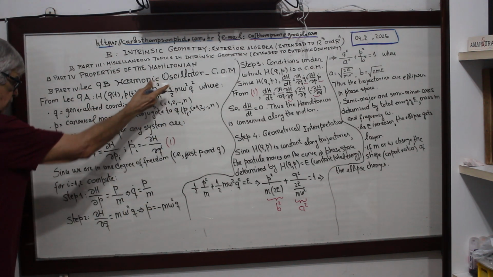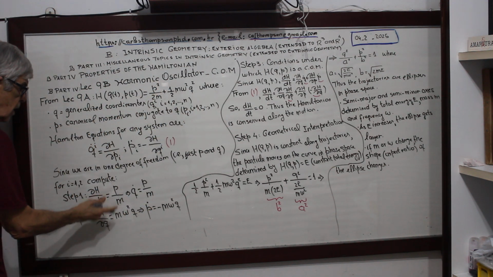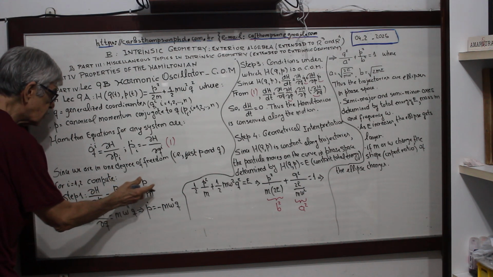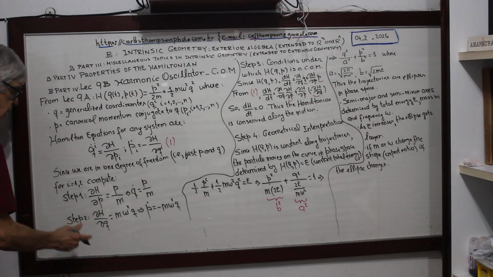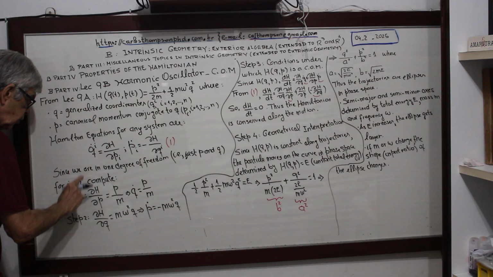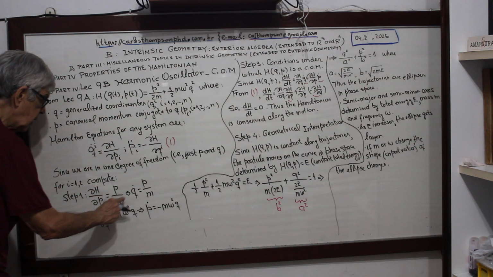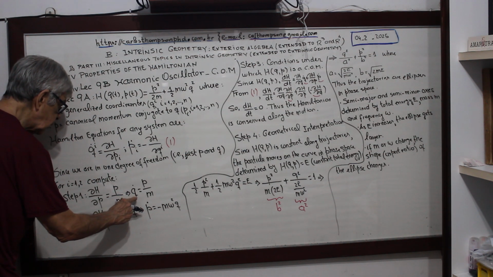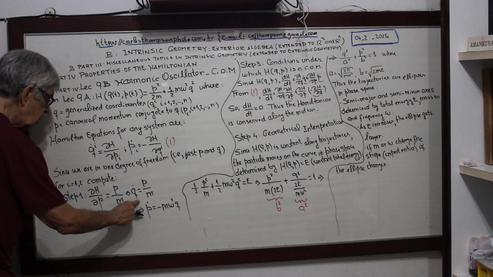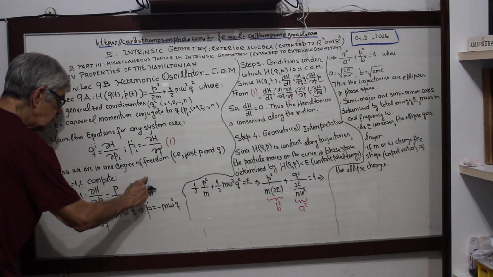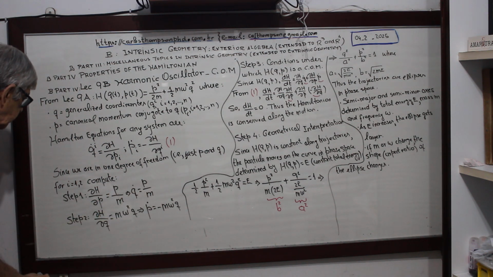This implies that q dot is p over m. Attention now: from the Hamilton equation, partial H with respect to p is q dot, which is p divided by m.